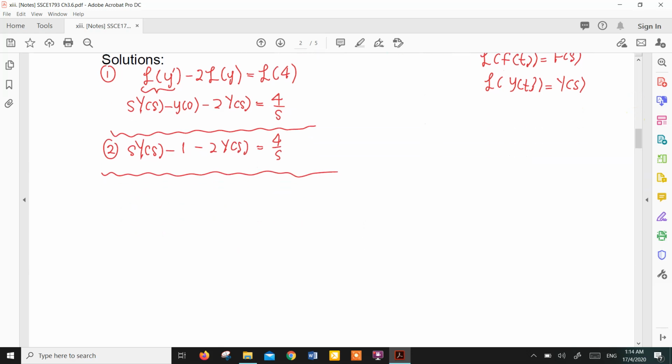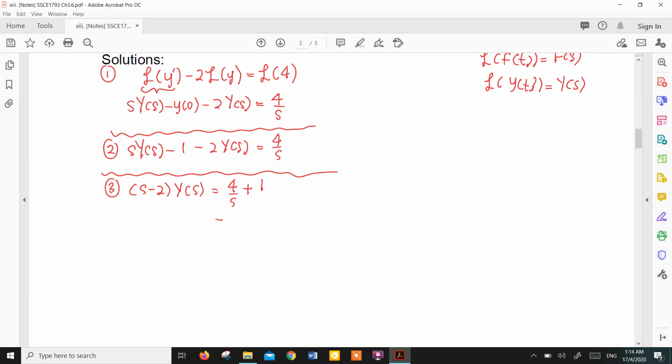The third step, we combine all terms with Y(s) on the left hand side and those without Y(s) on the right hand side. So we have (s minus 2) Y(s) equals 4 over s plus 1.